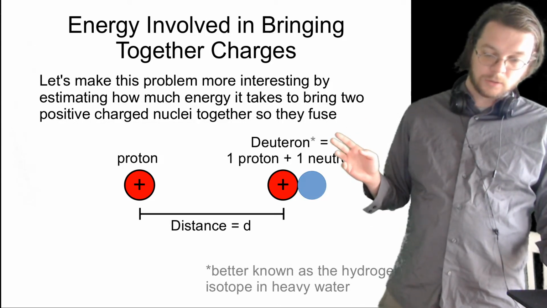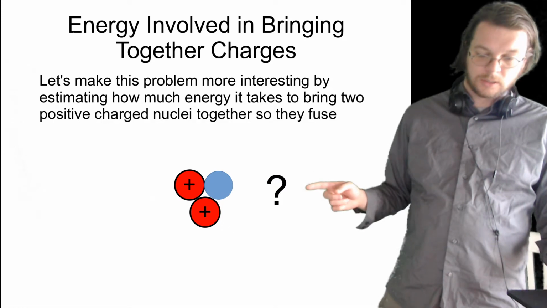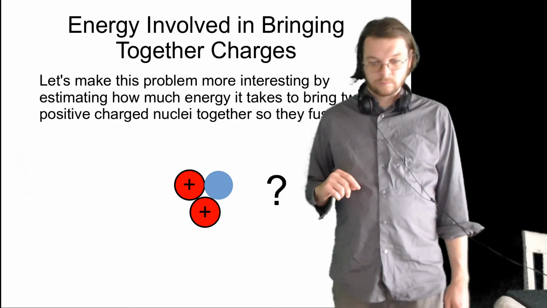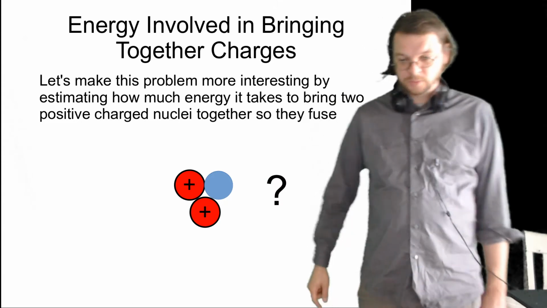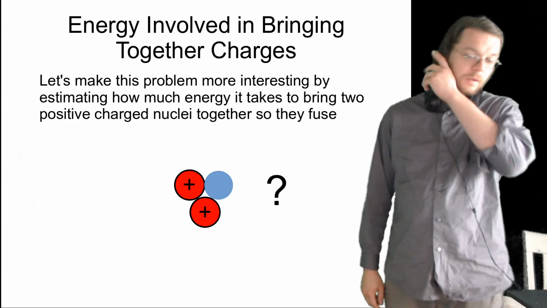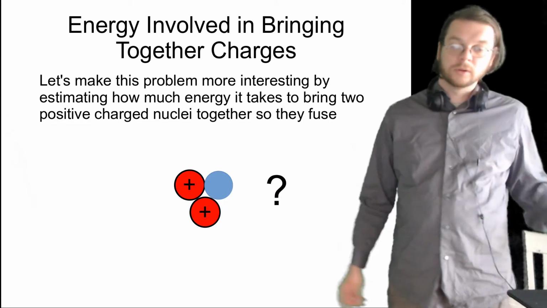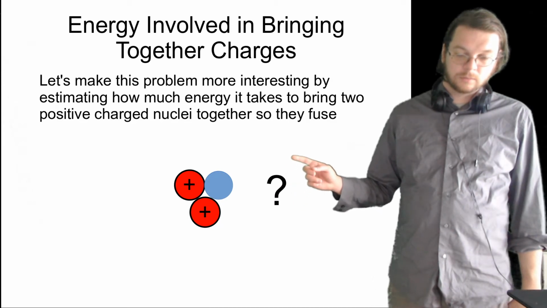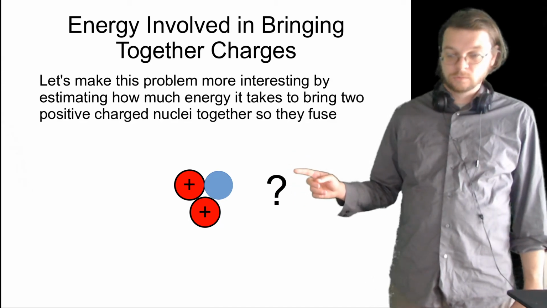Here's a fun question. If these things fuse together to make this, what element is that? If you're in groups, I would ask you to answer that question. Let me walk you through it. This thing has two protons, so the atomic number is 2.